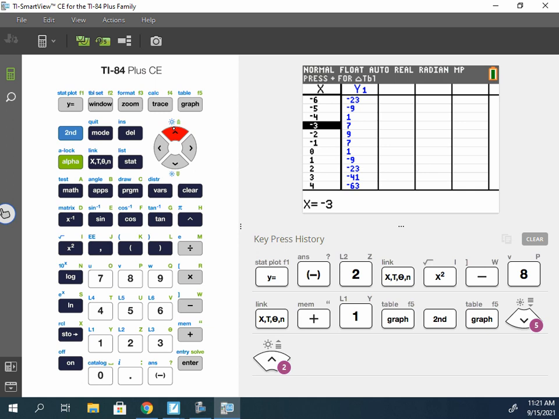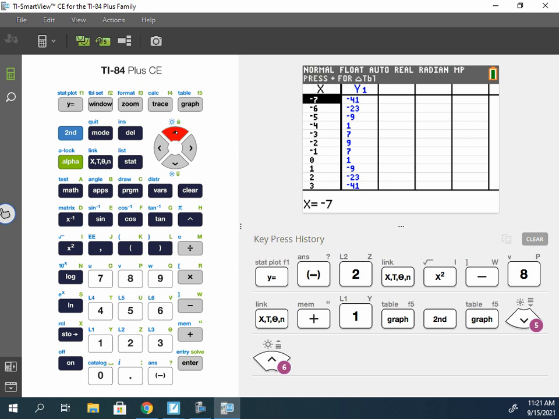So we have 9, 7, 1, negative 9, negative 23 going up. Going down, we have 7, 1, negative 9, negative 23, negative 41, and negative 63. So if we looked when x was negative 7, what do we expect the y value to be? Negative 41, because right after negative 23, going down was negative 41.